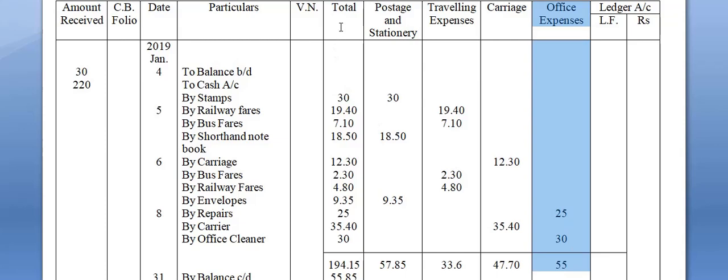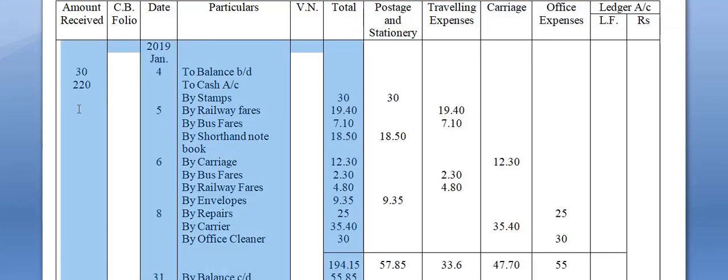But in this simple petty cash book, these columns are not present, first of all. So only these 6 columns will be present in the simple petty cash book. So from this particular information, it will be very difficult for us to identify or explain how much was paid for stationery, how much was paid for traveling expenses separately, for carriage and for office expenses.